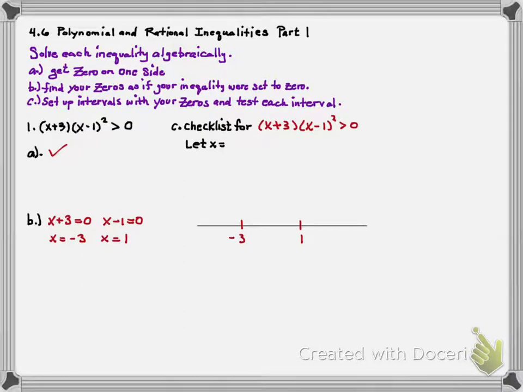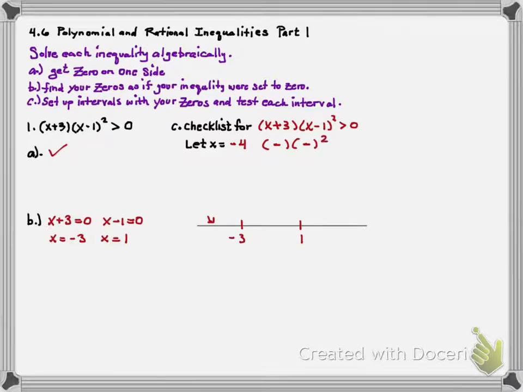We start on the far left-hand side and let x equal -4. If x equals -4, the first set of parentheses gives a negative number. The second set also gives a negative number, but we square that.